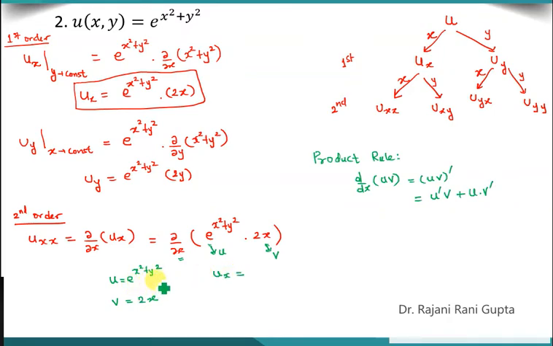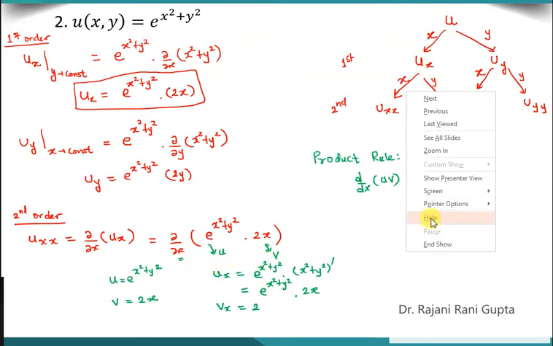So how do we find it? Again, we have to make use of the chain rule. So it gives you e power x square plus y square times the derivative of the bracket, so this gives you e power x square plus y square times 2x. Similarly, the derivative of v with respect to x will be 2. So now just put all these values in this formula, and we will get our result.